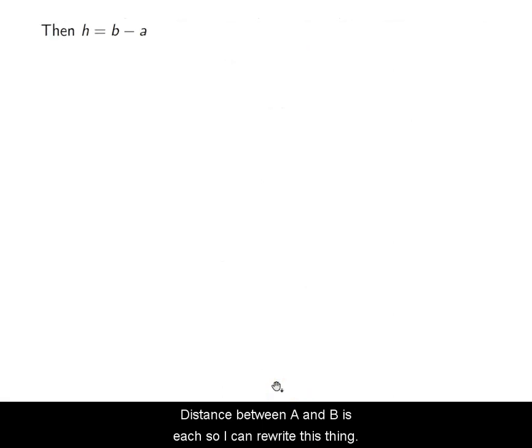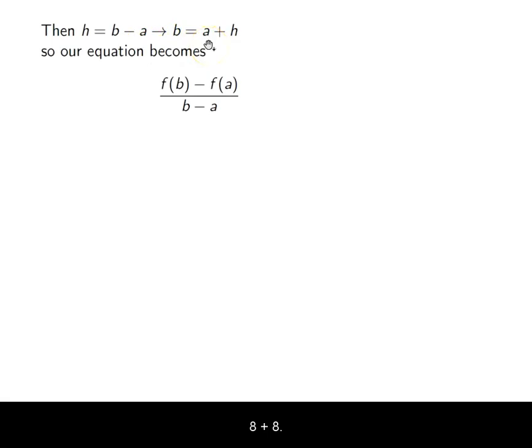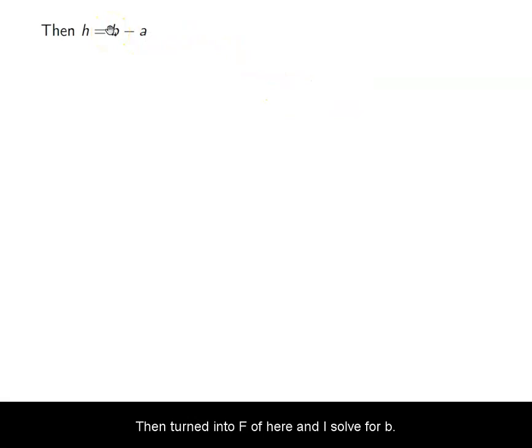So I can rewrite this then. Instead of writing B, I can write it as A plus h. Right? So our equation, f of B minus f of A over B minus A, then turns into f of A plus h. So all I did here was I took this equation and I solved for B. Okay, solving for B gives me h plus A, or A plus h.